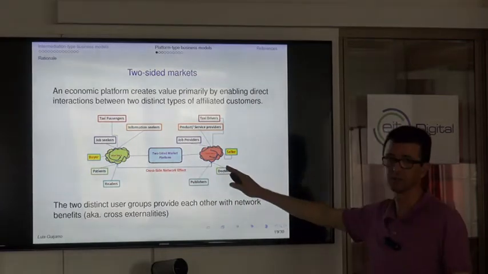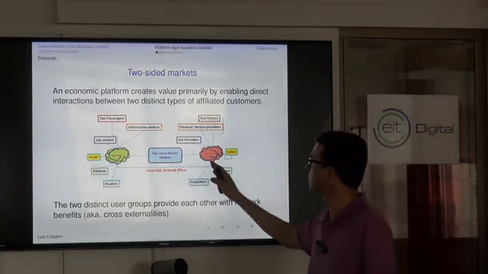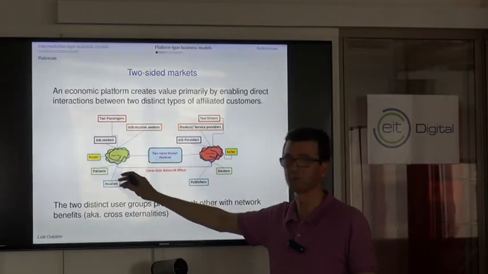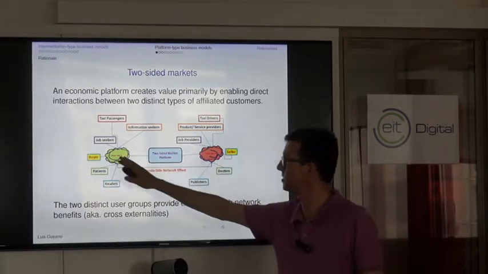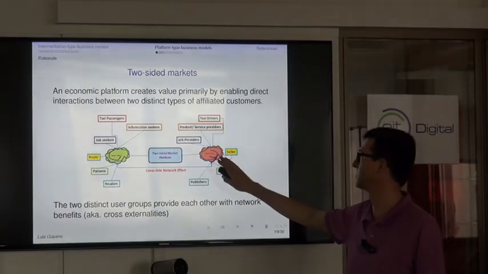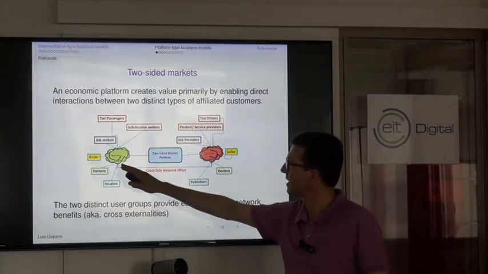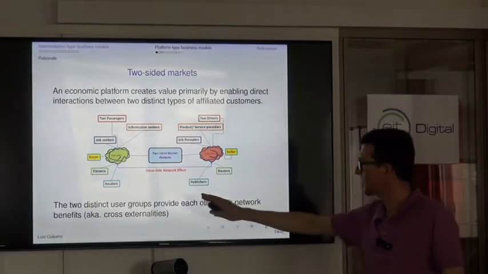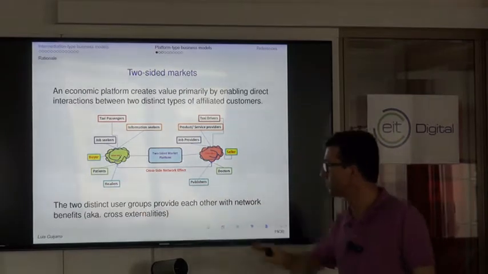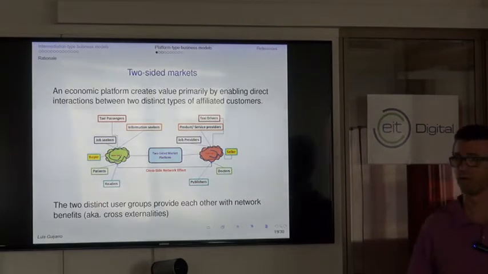The more merchants subscribe for a POS terminal, the more useful a credit card will be for the credit card holders. So the more users on this side, the more satisfied the users on the other side are, and vice versa. This is the network benefit, or cross externality, that platforms take advantage of.